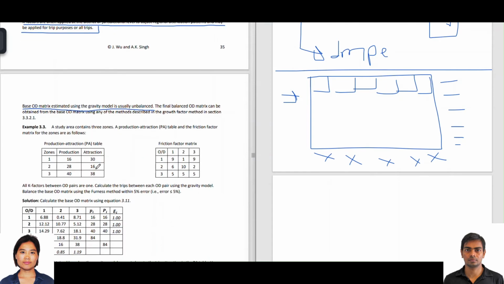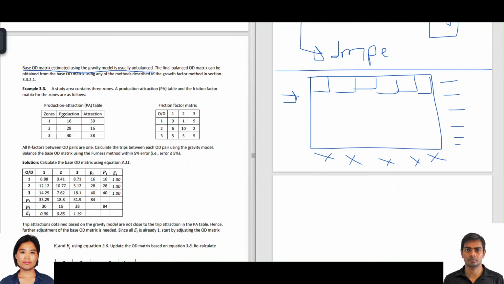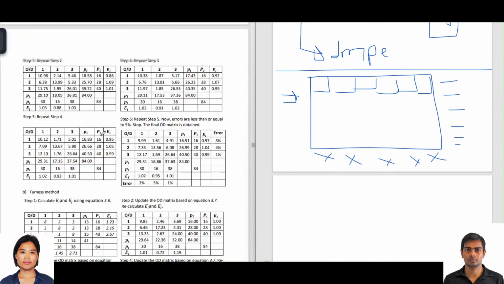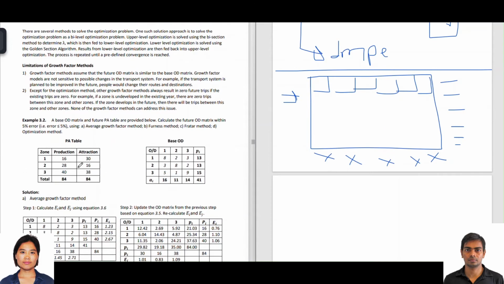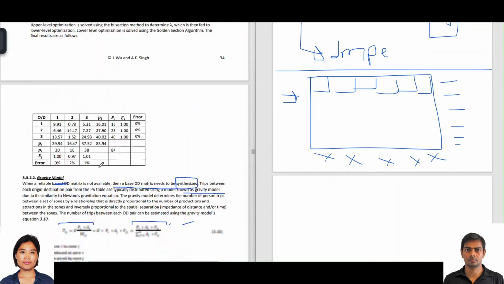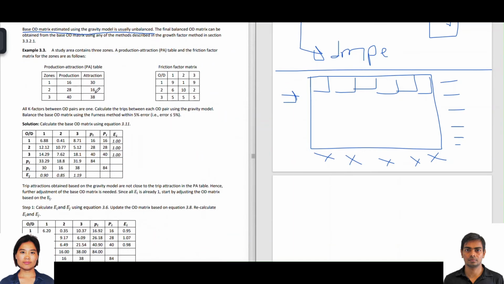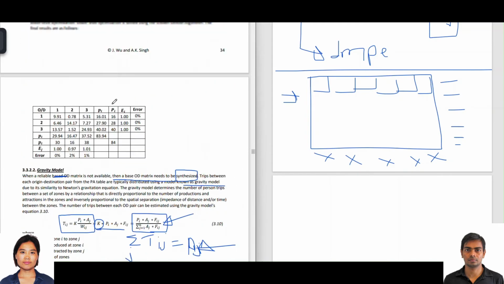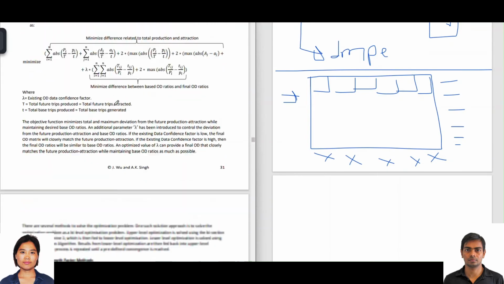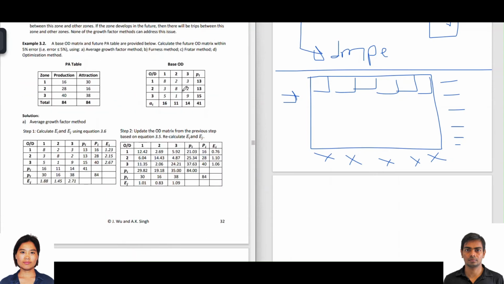So let's look at one example. Here we have three zones. This is the future production attraction table: 16, 28, 40, 30, 16, 38. Yes, it's the same numbers as the one we used earlier. So we are carrying forward that example where we had this PA table and the base OD matrix.